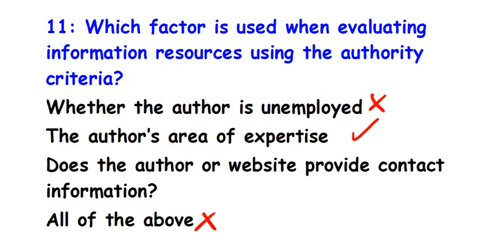Does the author or website provide contact information? Okay, whether they don't provide a website or their phone number, provided they are an authority in that field, then their information will just be fine. So basically, the author's area of expertise is a factor used when evaluating information resources using the authority criteria.